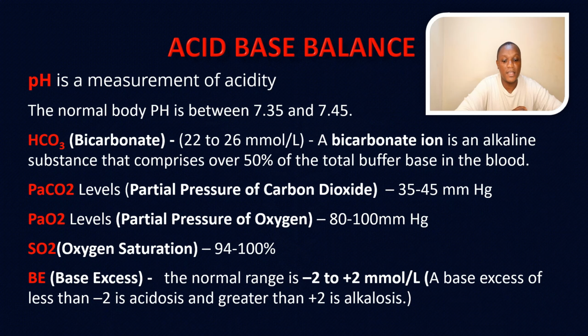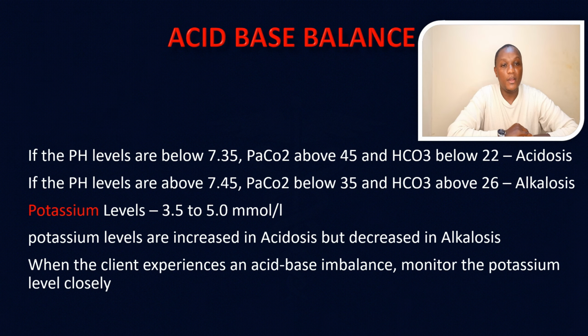A base excess of less than -2 is acidosis, and greater than +2 is alkalosis. So if the pH levels are below 7.35, partial pressure of carbon dioxide above 45, and bicarbonate below 22, that is a situation we call acidosis.